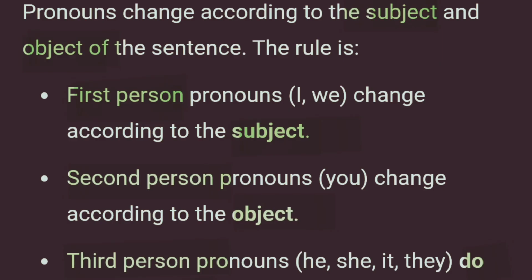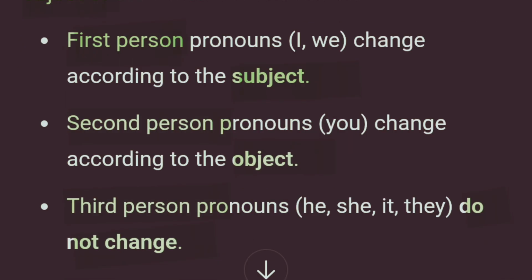Pronouns change according to the subject and object of the sentence. Let's see. First person pronouns, I and we, change according to the subject. But second person pronouns, like you, change according to the object. And third person pronouns, he, she, it, they, will not be changed.